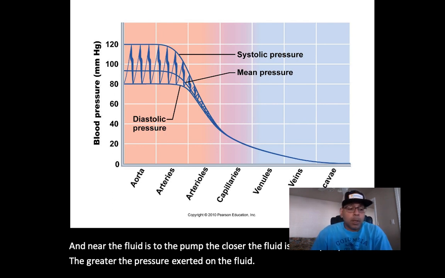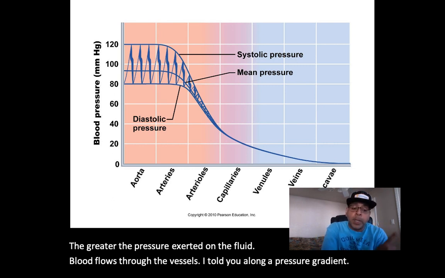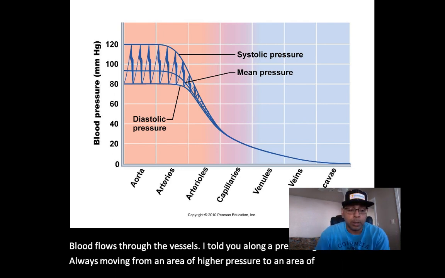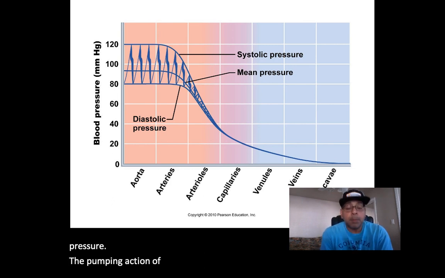Blood flows through the vessels, I told you, along a pressure gradient, always moving from an area of higher pressure to an area of lower pressure. The pumping action of the heart generates blood flow.